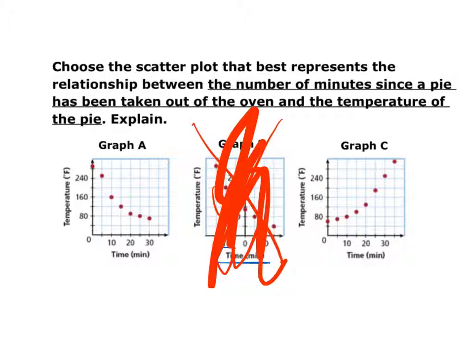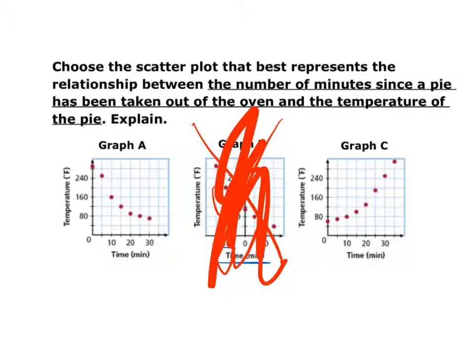Alright, moving on to Graph C. Graph C is a good graph, but this is a tricky graph too. It looks accurate, but it is not. Because when you take a hot pie out of the oven, it is hot, hot, hot.